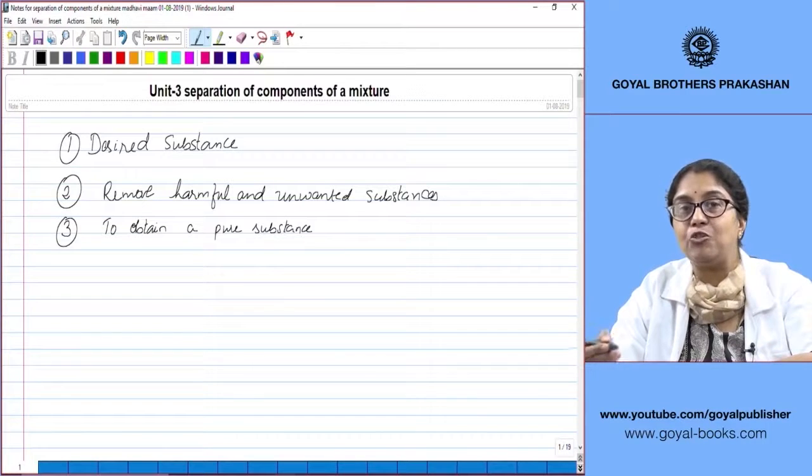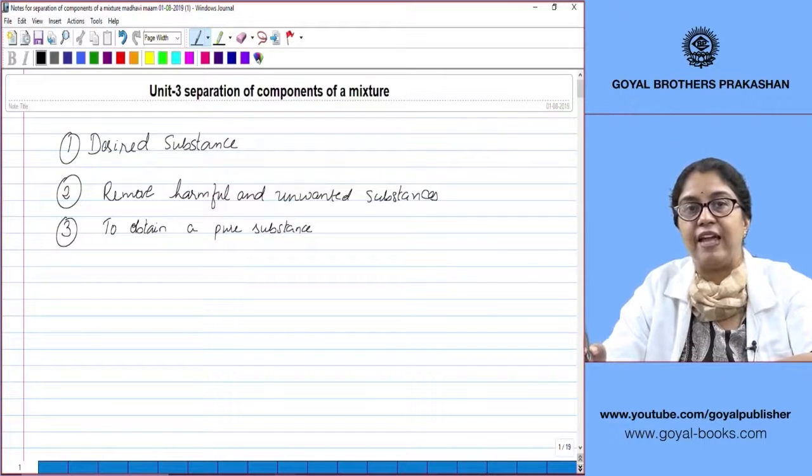No. We need to separate all the undesirable components like sand, pebbles, the bacteria and everything. So, we are going to purify it. In purification, we apply the principles of separation of mixtures. Is that clear?